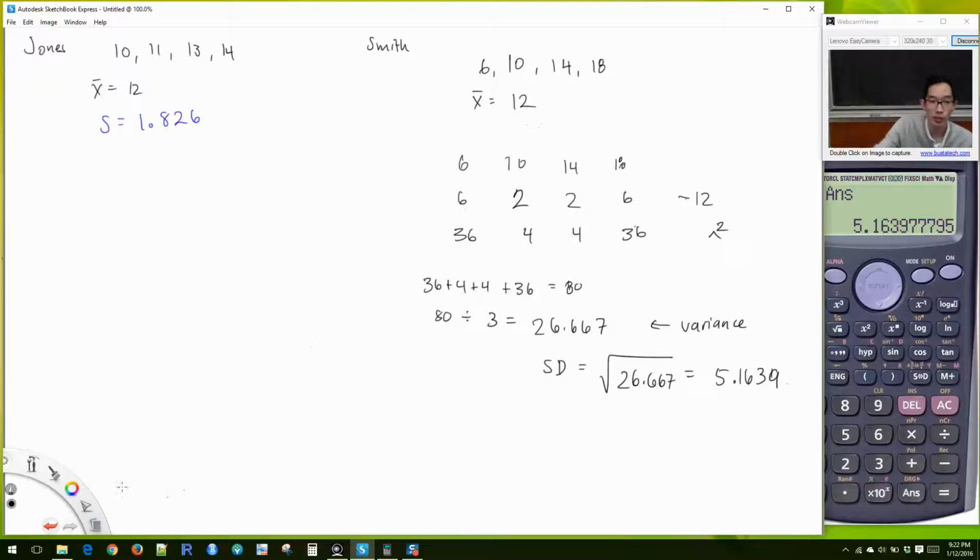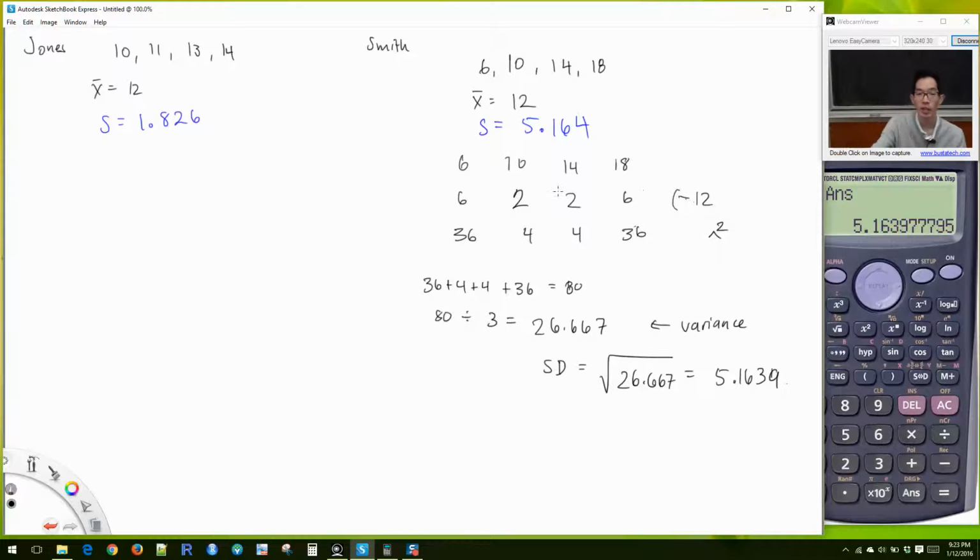So over here, my standard deviation of these ages is 5.164. Okay, I know I did that quickly, and if you couldn't keep up, that's okay. Basically, I just ran through the same exact steps that I did on the previous page.